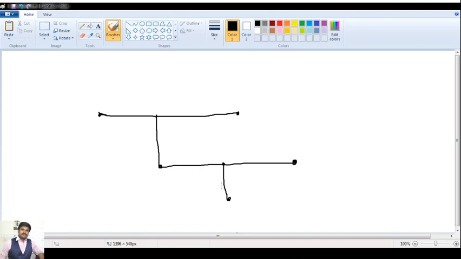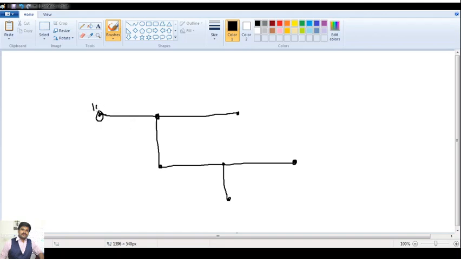Let's assume this is a combination of several lines put together. This is also a network topology only. What we will be doing is marking the arcs alone. These areas are points and these areas are lines. Let's assume like that.